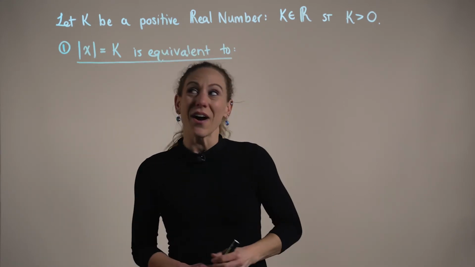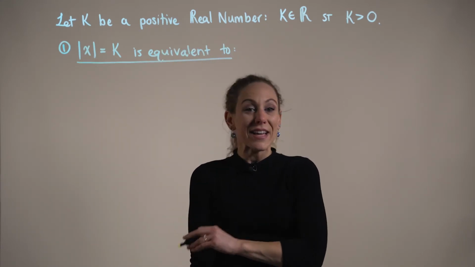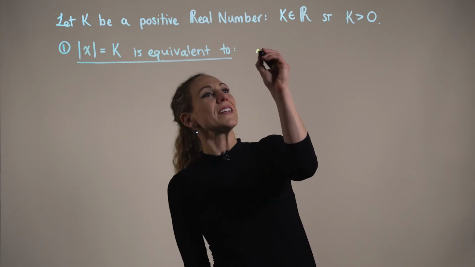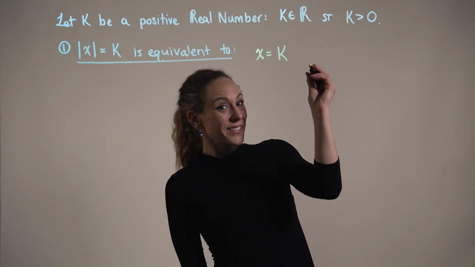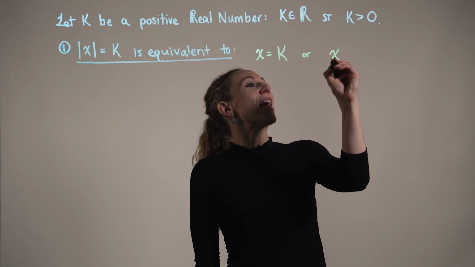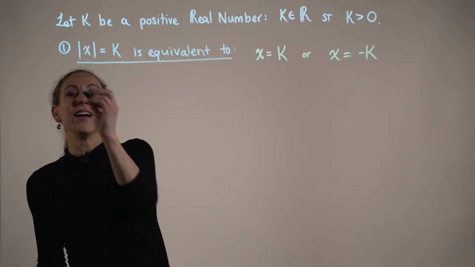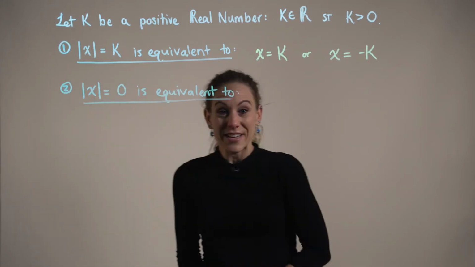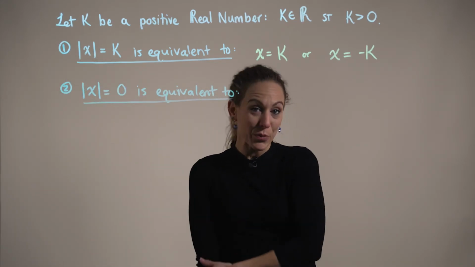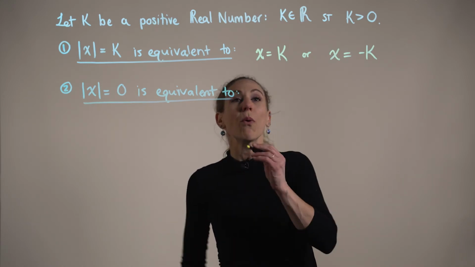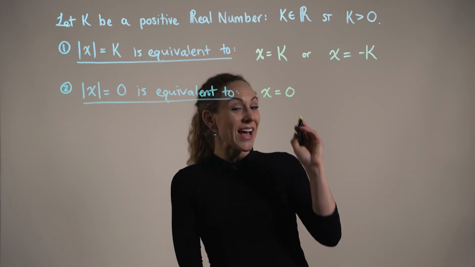As we just saw, the absolute value of x equal to k is equivalent to the solution set, x is equal to positive k, or x is equal to negative k. Now the absolute value of x being equal to 0 is equivalent to just one x value. x is equal to 0.